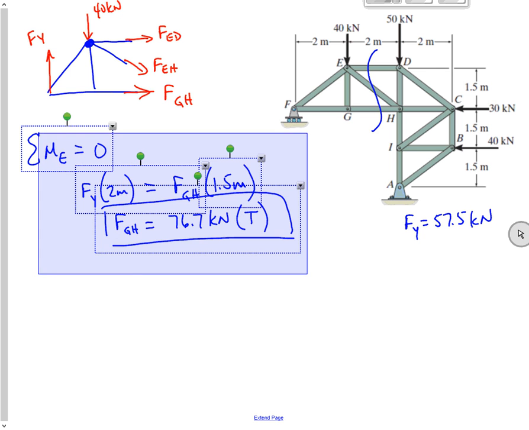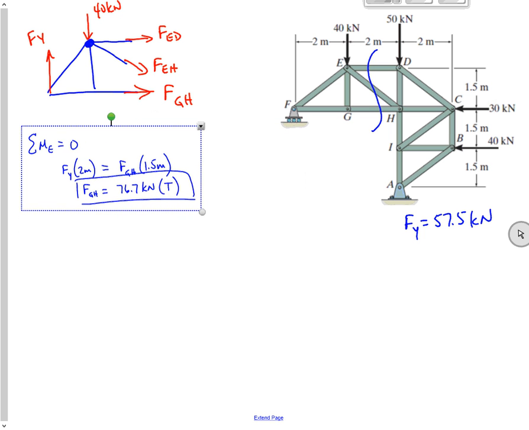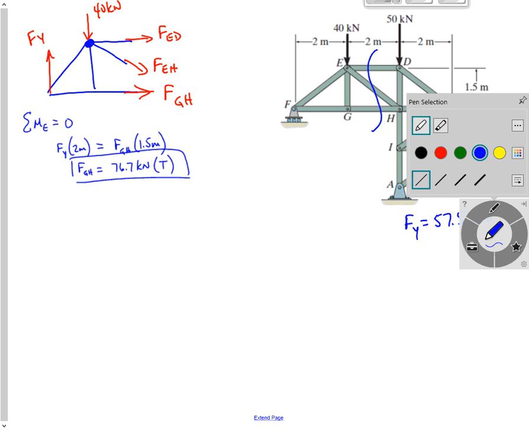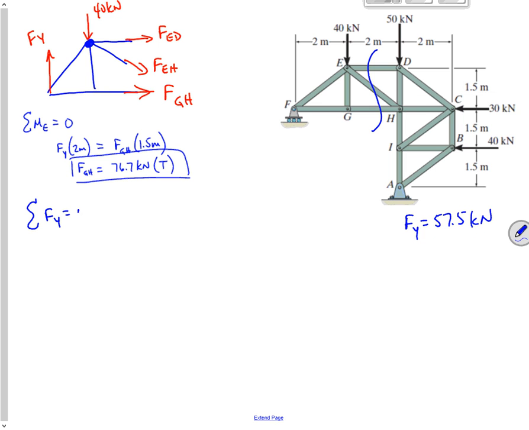And I'm going to make this a little smaller so I got room to work. So now what do we do? Now let's do the sum of the forces in the y direction. Right?